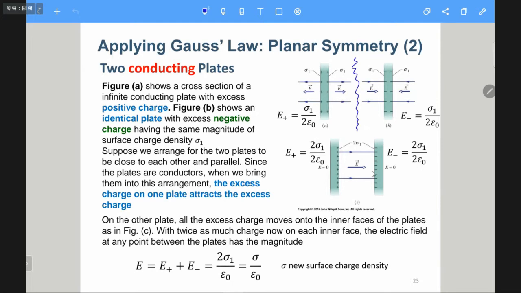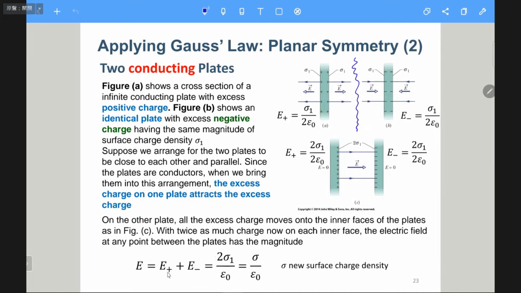Which means that inside the two conducting plates, the total E field will be E plus plus E minus, because E plus points to the right side, and E minus also points to the right side because it's pointing towards the plate, while E plus is pointing outward from the plate. So E plus and E minus point in the same direction, so they add up together.